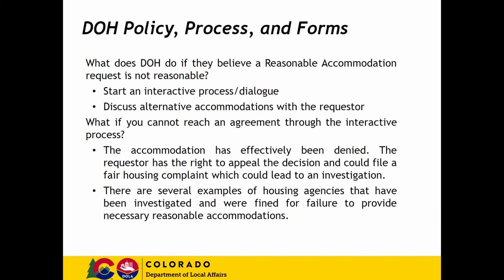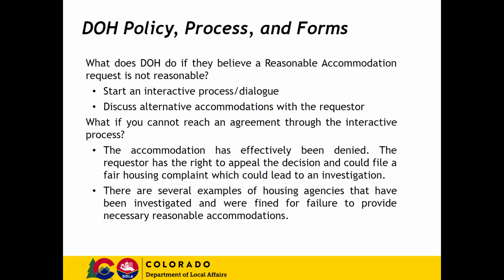The requester does have a right to appeal the decision, and they could ultimately file a fair housing complaint if they believe they were not approved for a reasonable accommodation that they should have been. And that could lead to an investigation. There are unfortunately several examples of housing agencies across the country that have been investigated and were fined and found to be incorrect in their failure to provide necessary reasonable accommodations.